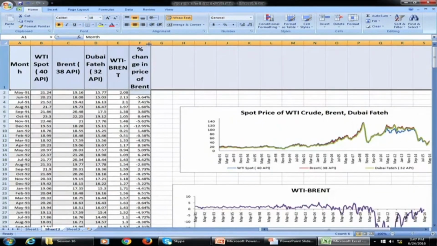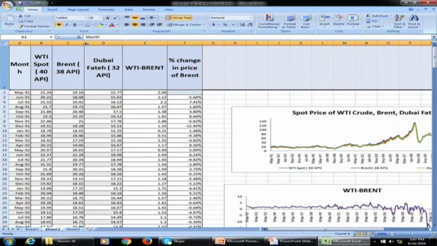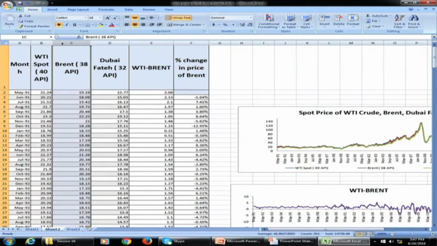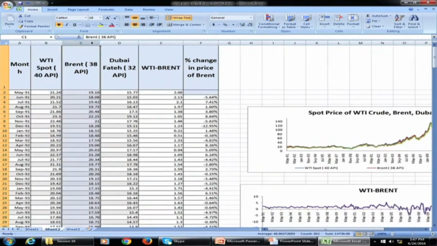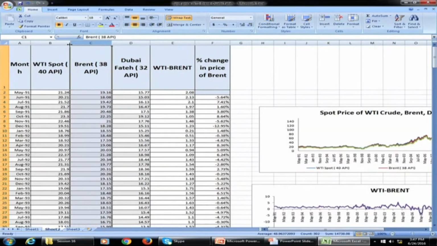I hope now you will be able to see. The first 3 columns, B, C and D, show the price of WTI spot, Brent and Dubai Fateh, and column E shows the difference between the WTI price and the Brent price.